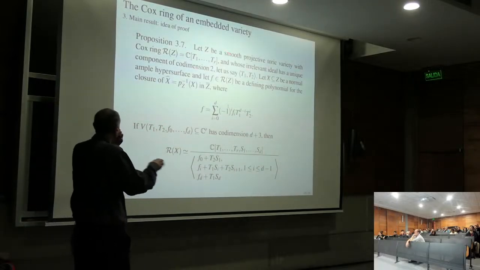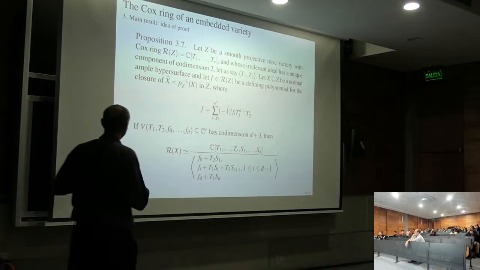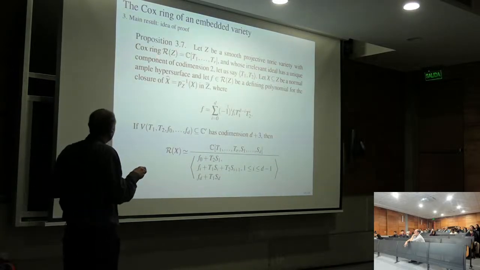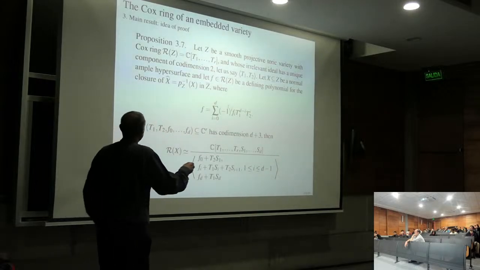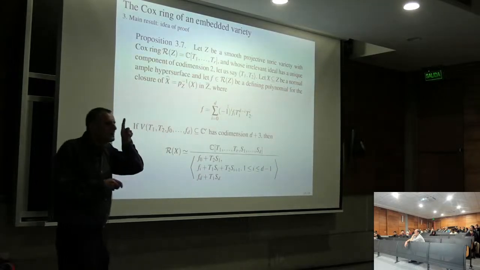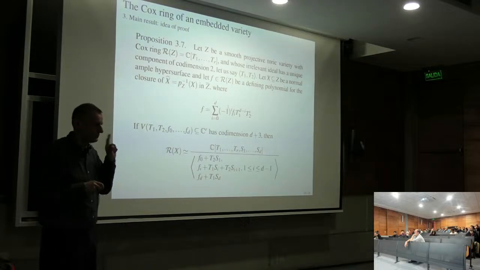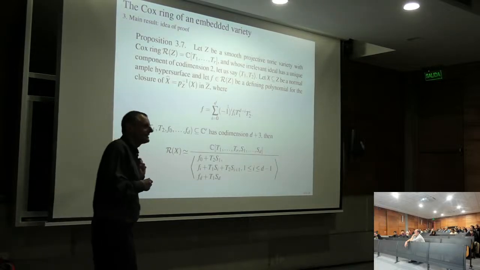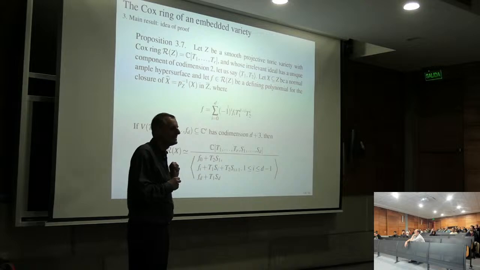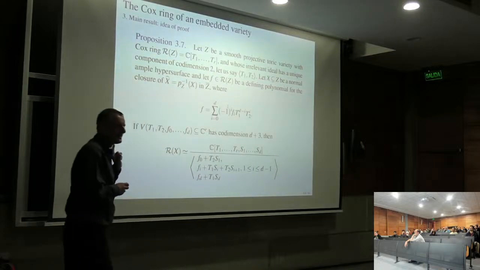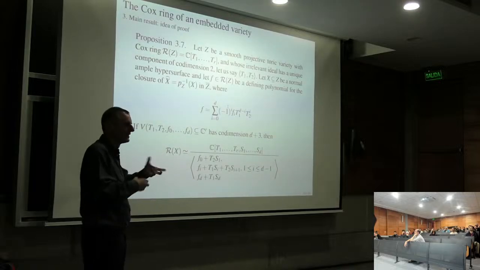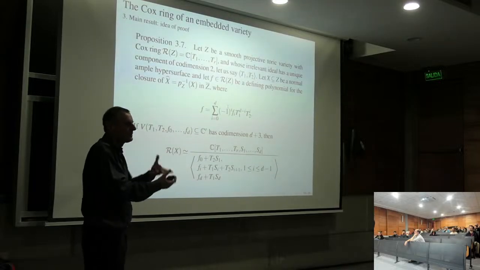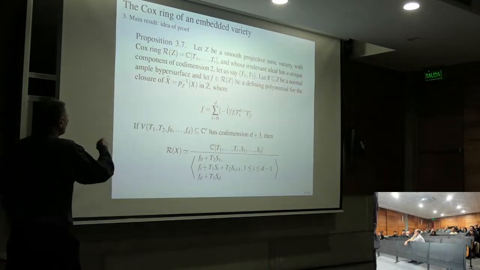So let us say that we have a smooth projective toric variety whose Cox ring, as I told you, is a polynomial ring, which has just one component in codimension 2. We are still trying to classify toric varieties admitting this condition. So it's not difficult to say something about the polytope or the fan, but in general, not so easy.